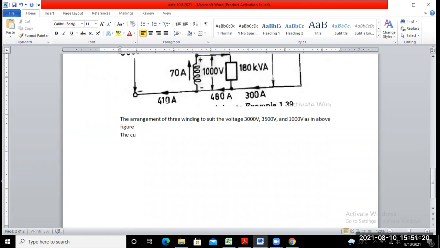So the current through the load of 1050 kVA at 3500 volt.